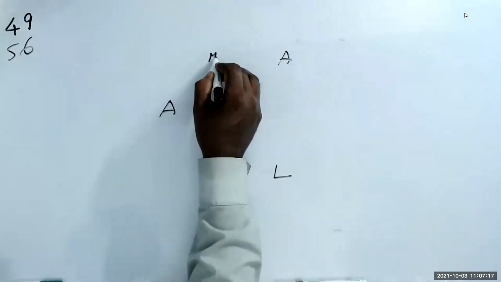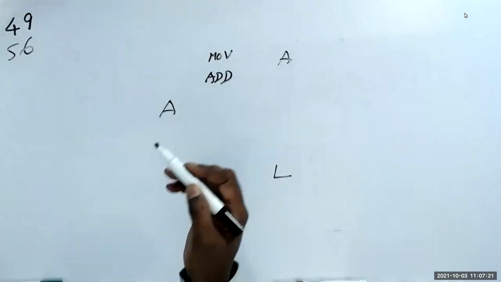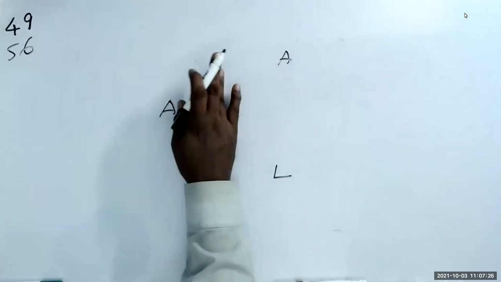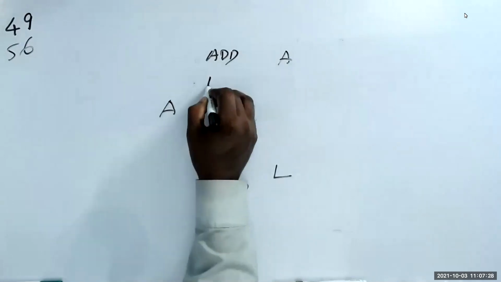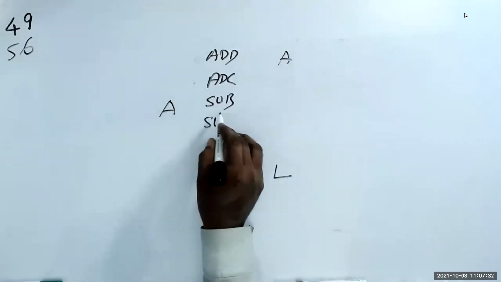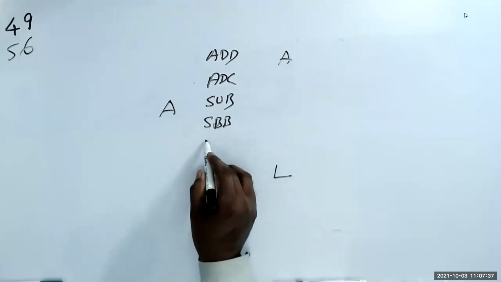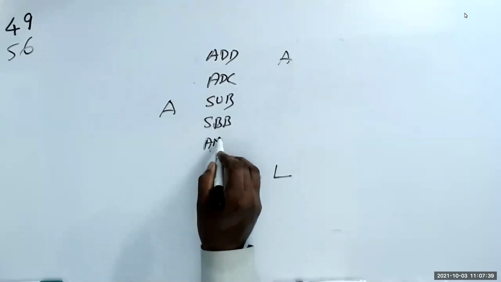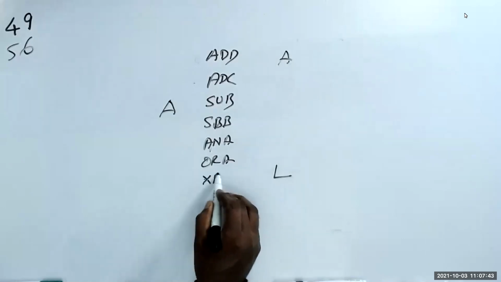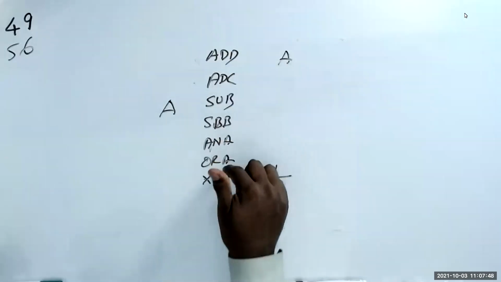Add, add with carry, subtract, subtract with borrow, AND, OR, XOR. You have 1, 2, 3, 4, 5, 6, 7.